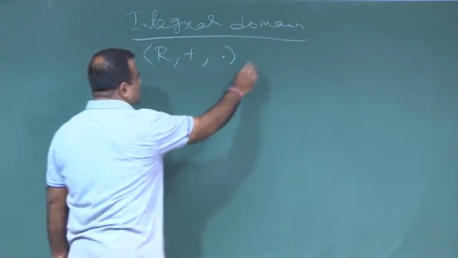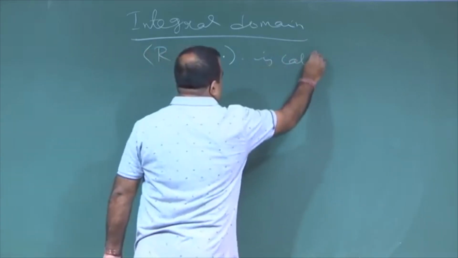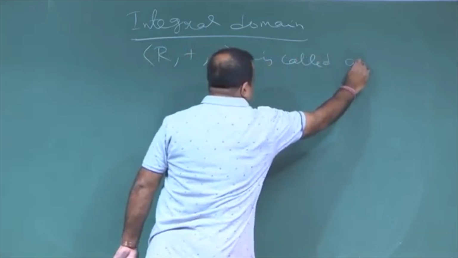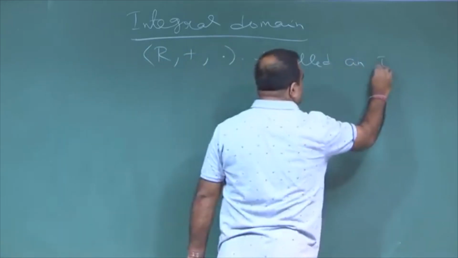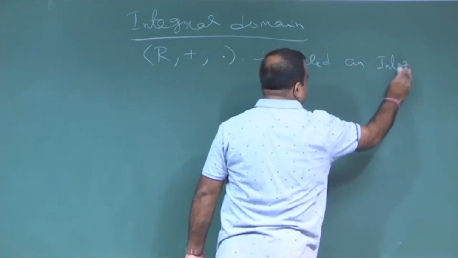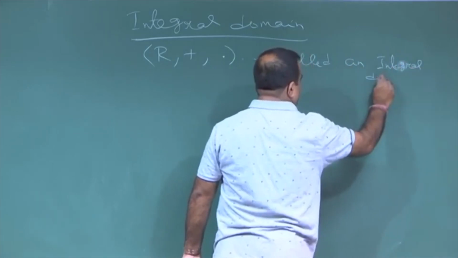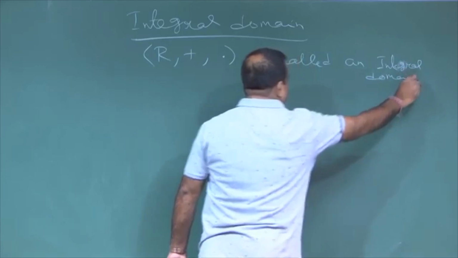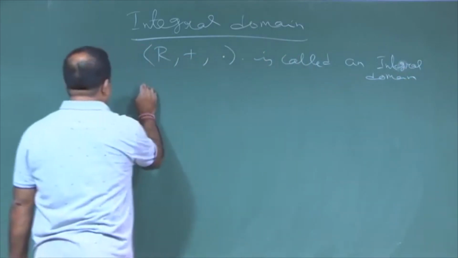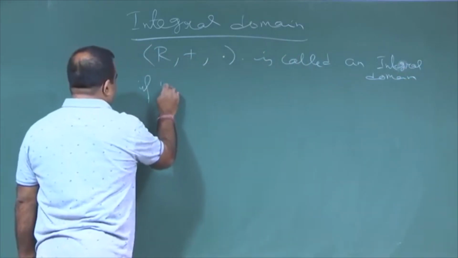This algebraic structure is called an integral domain if the following are satisfied. What are those?